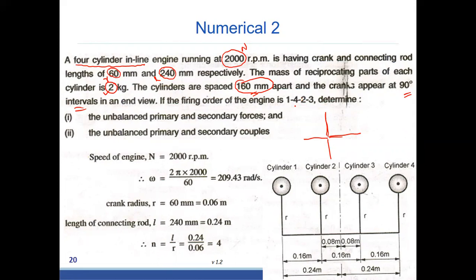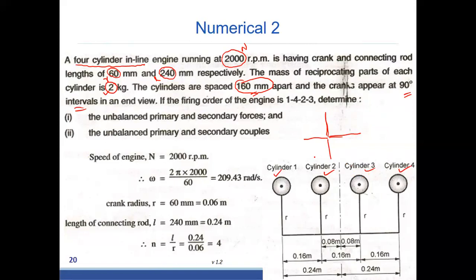Actually, in an engine there are 4 strokes: suction, then compression, then power stroke, exhaust stroke. The firing will take place just before the power stroke, right? So firing order 1, 4, 2, 3 means the firing will take place first in cylinder 1. After that, it's not in order. It comes to 4, then 2, then 3. This is the way the firing takes place.